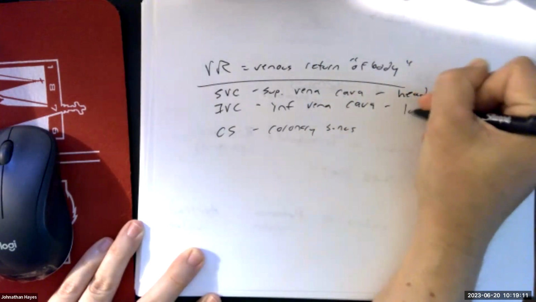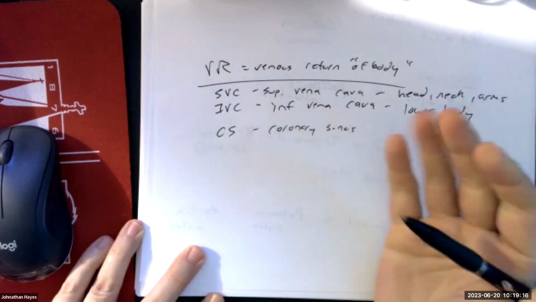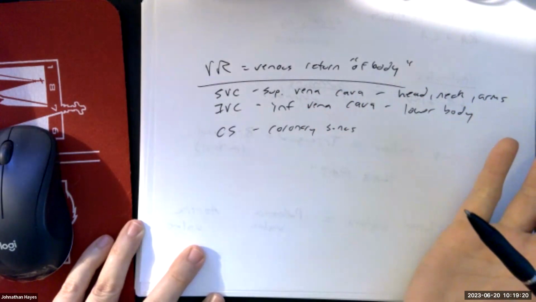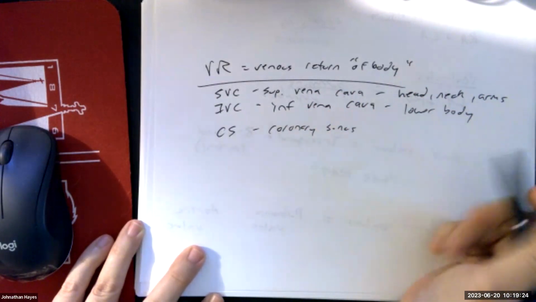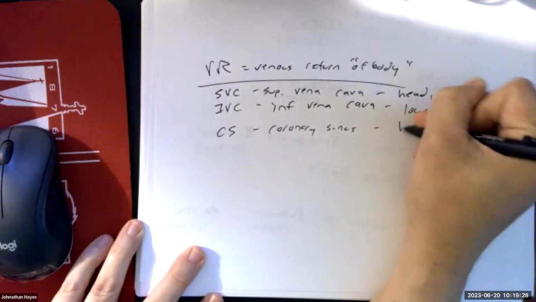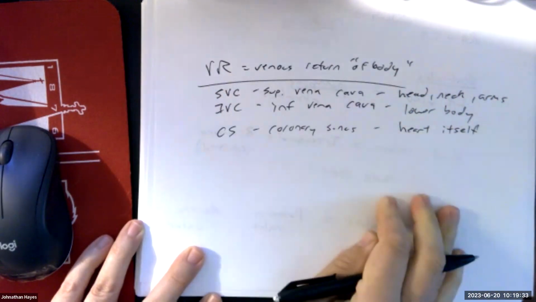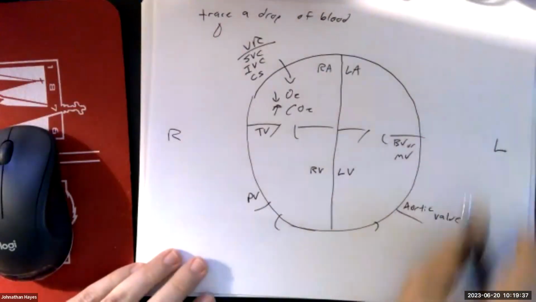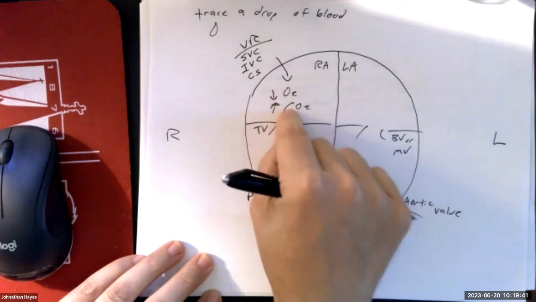This drains all the lower body, which basically would include the entire digestive system, everything that's coming from the lower extremities, everything below the heart, basically. And then the coronary sinus is draining the heart itself. So this is venous drainage coming from the whole body, so we just call it the VR, right? And again, it's old blood, so it's low in O2 and high in CO2.